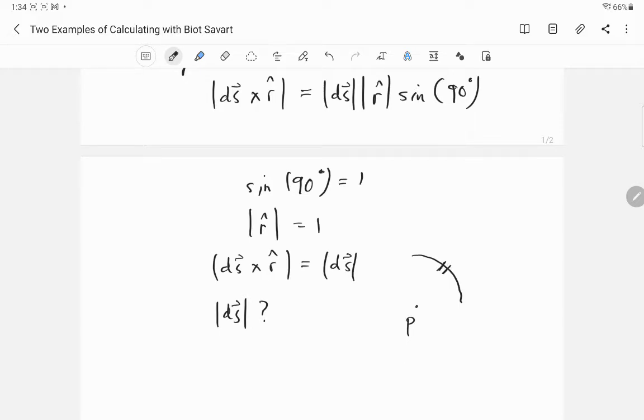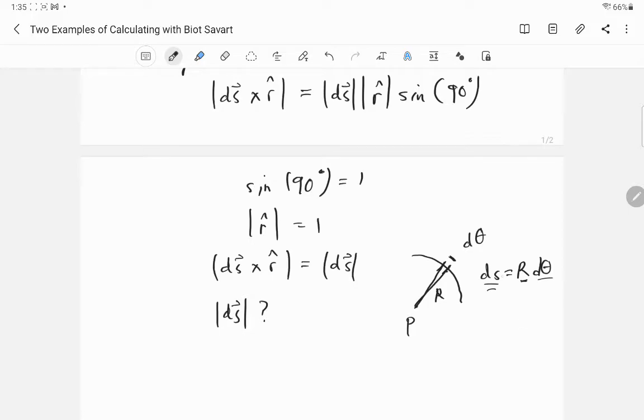If I imagine a small sector where the angle is d theta and the radius is r, then the arc length, the distance from one end of the angle to the other end of that little piece of pie, is r d theta. The small arc length is r times the small angular span.